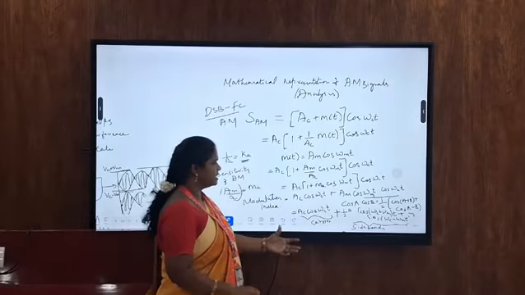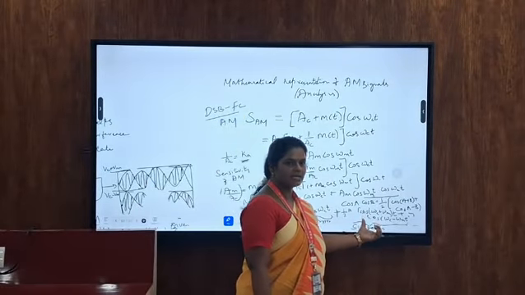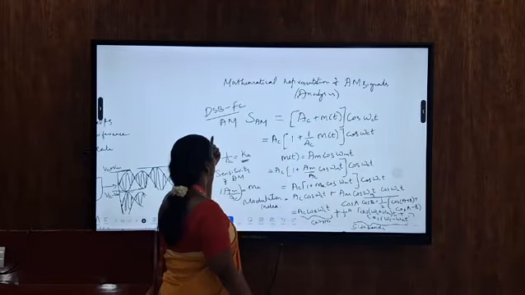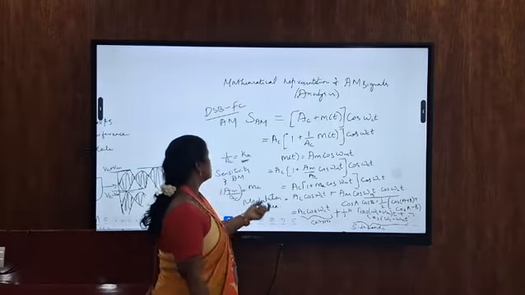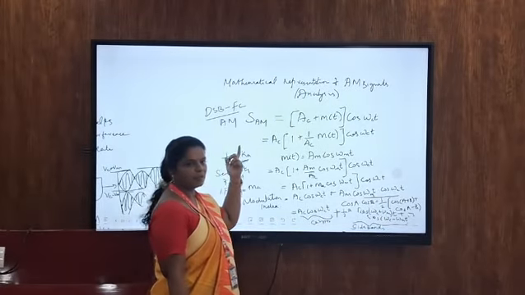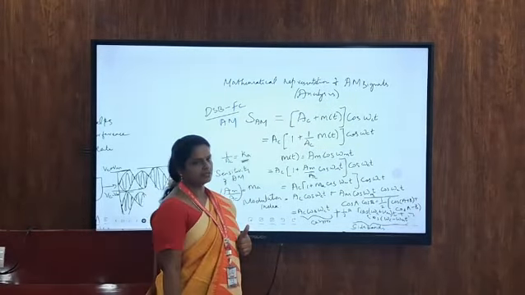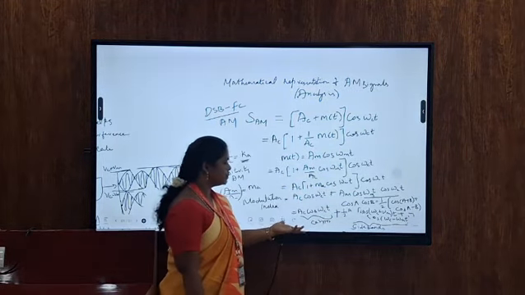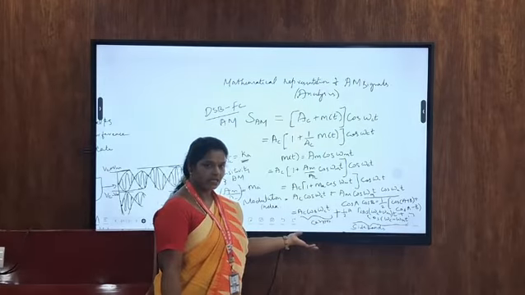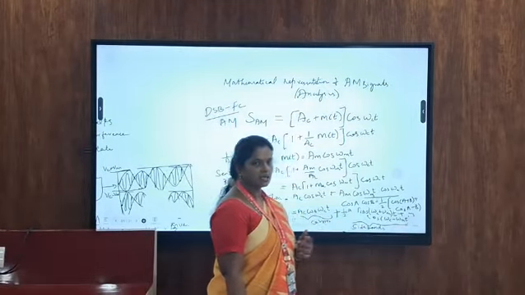We get two sidebands, upper and lower, along with the full carrier, which is why we call this amplitude modulation DSB. Finally we get the expression as the carrier plus the sideband signals.